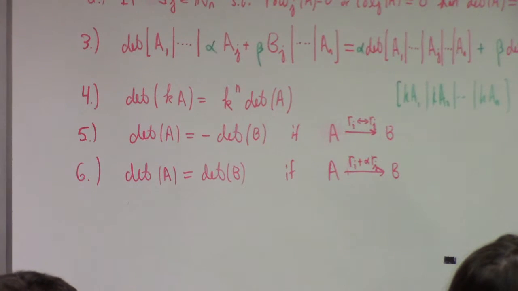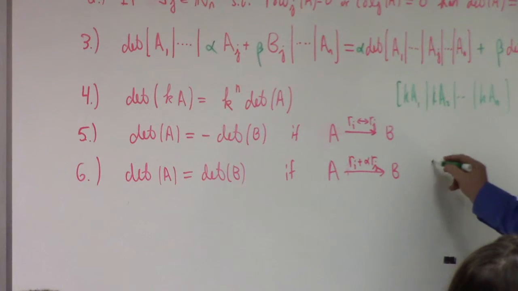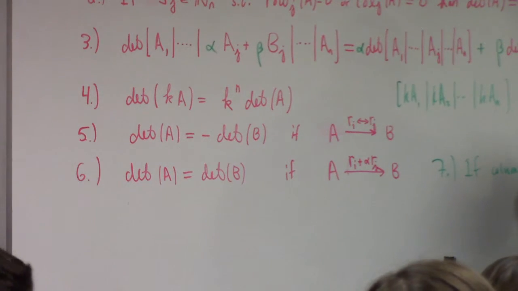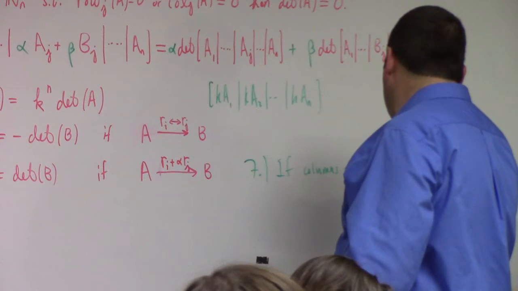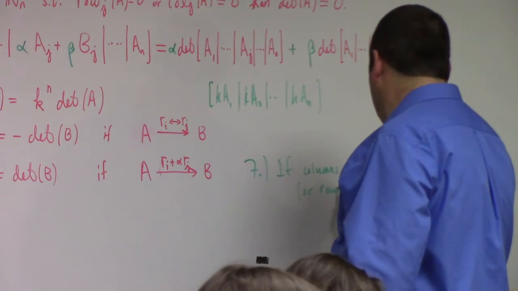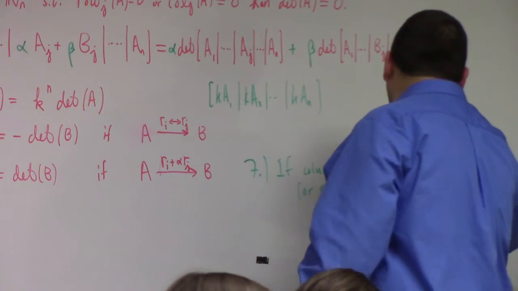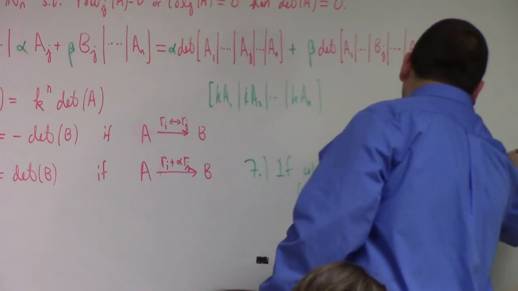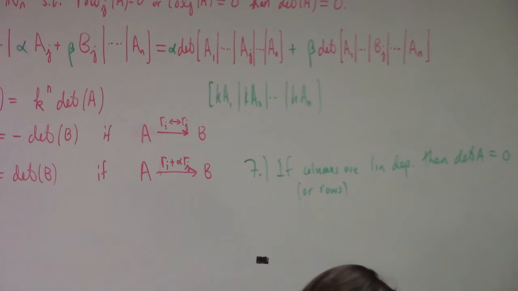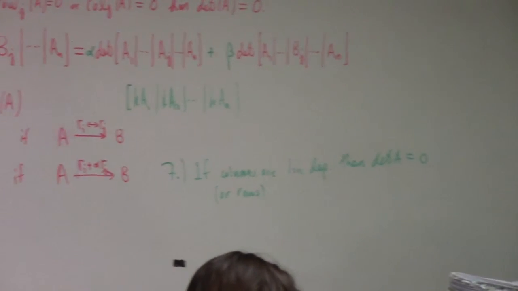Oh, and the one thing I forgot to say, maybe 7: if the columns are linearly dependent, or rows, then determinant of A is 0. And you can kind of see that from the multilinearity.